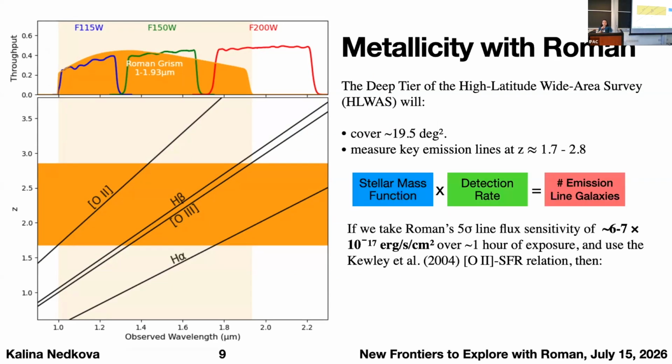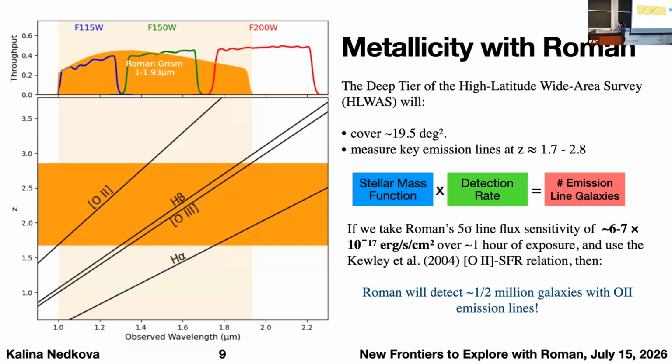And then if we play a game and we take the stellar mass function times the detection rate, we can get a rough sense of the number of emission line galaxies that Roman will detect. And if we take the line flux sensitivity as well as the O3 star formation rate relation, we can work out that Roman will detect about 500,000 galaxies with O2 emission lines.